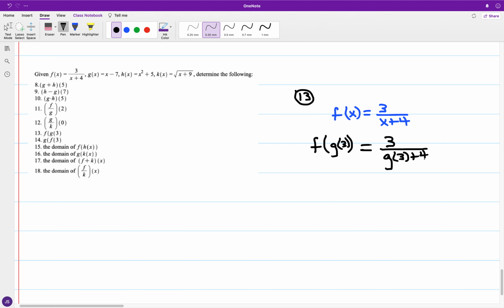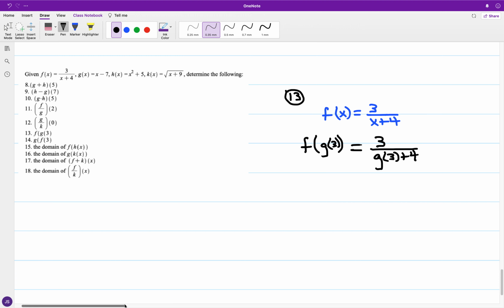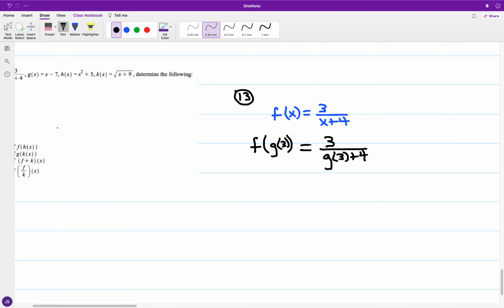Okay, now I want to specify just what g of 3 is going to be. So for g of 3, I'm referencing g of x. Okay, so g of 3 is equal to 3 minus 7, which will be negative 4.